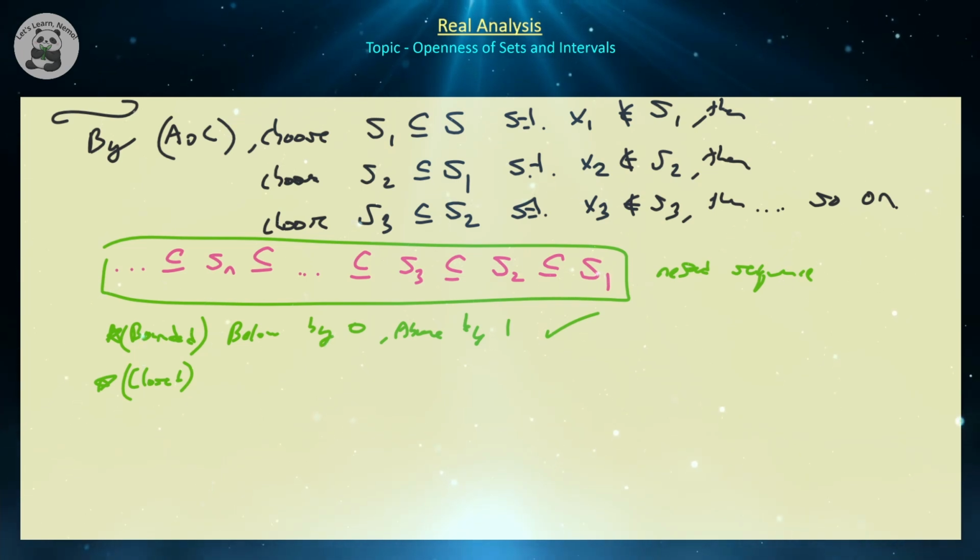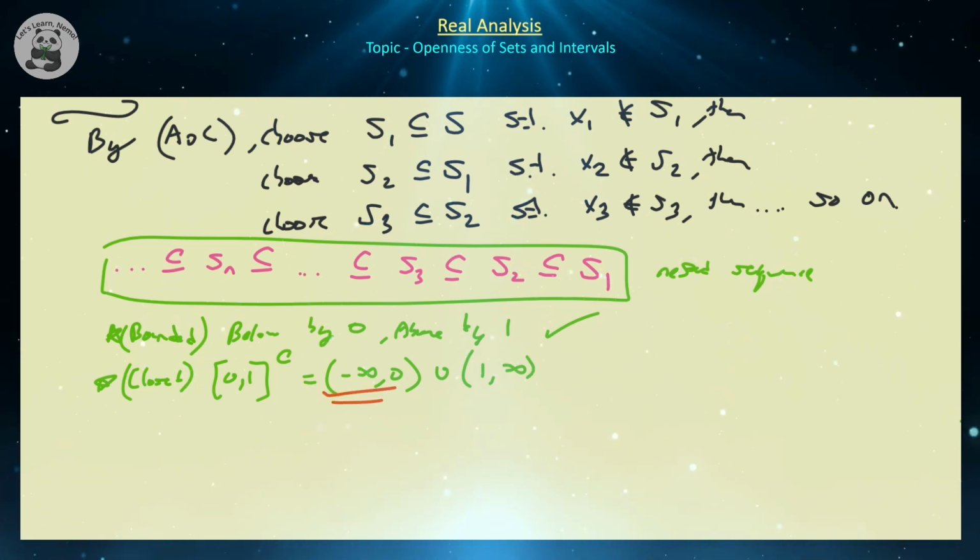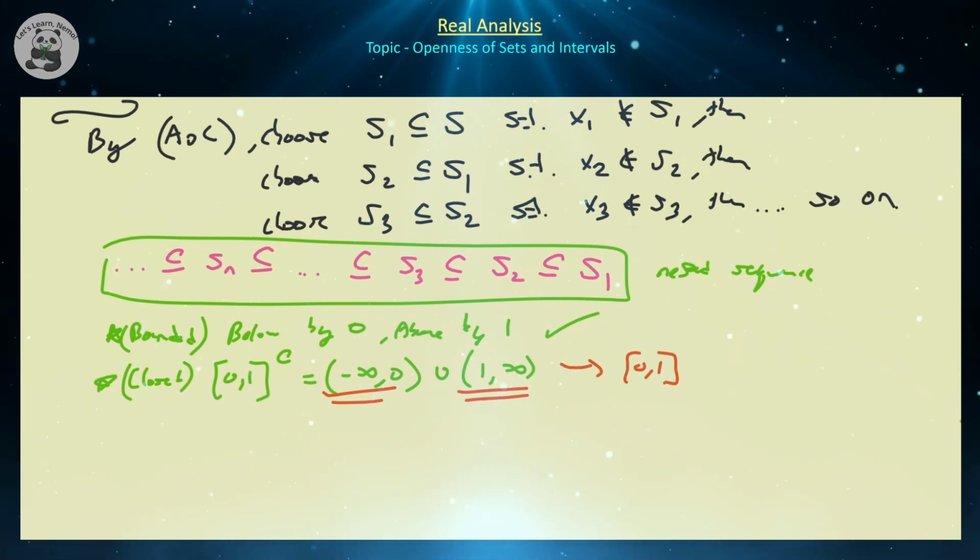Closed, right? In particular, we have [0, 1], which is a closed interval. If we were defining this set to be closed, then life is good. But if we look at its complement, which is minus infinity to 0 union 1 to infinity, it's a little easier to prove, at least by definition, that each of those is an open set, implying that the interval [0, 1] is closed.